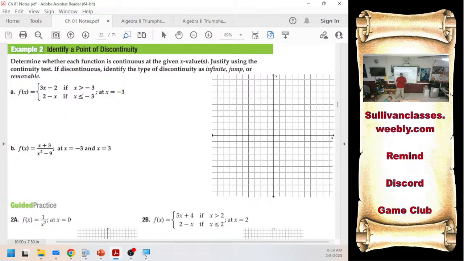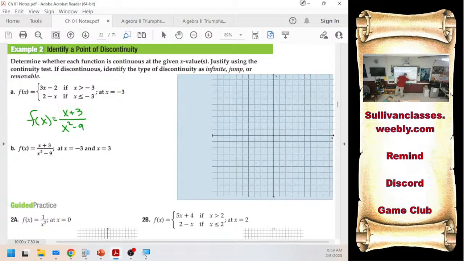Okay, it's another one of those rational functions where we have x over x squared minus 9.